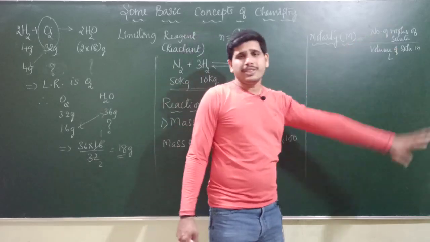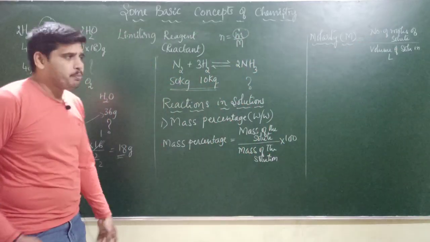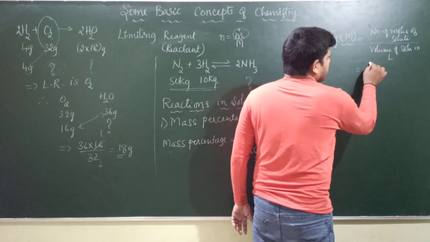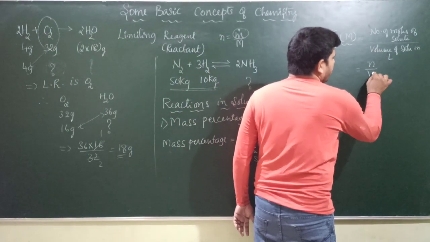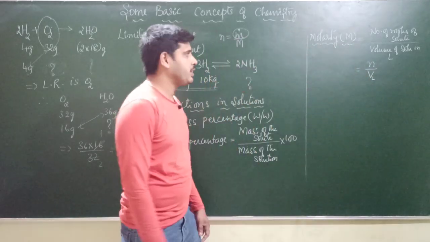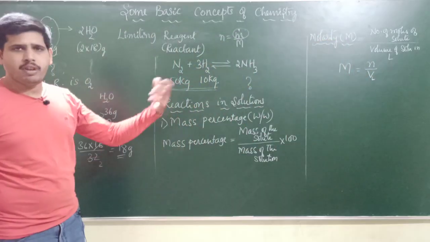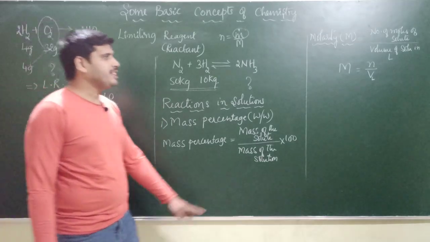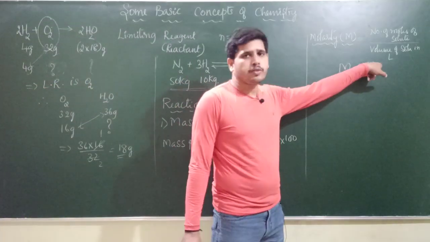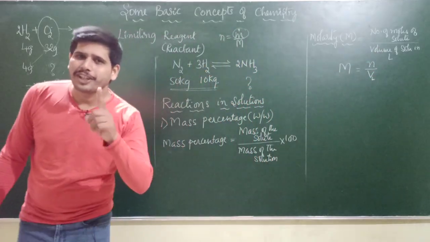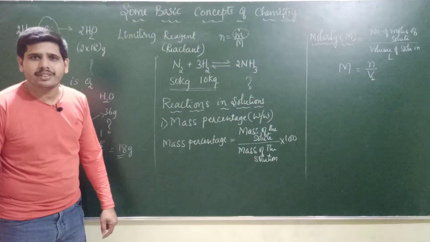Now, number of moles as such we cannot calculate, but we know the formula, so I can put this in short form as n, number of moles, and volume in liter V_L. So capital M is molarity, the shortest formula to remember. Having said that, number of moles in most of the problems won't be given, but mass will be given. So we know how to convert mass into mole, isn't it?